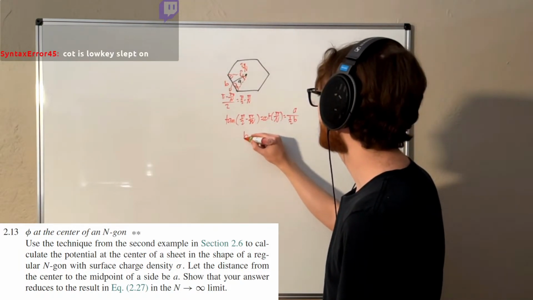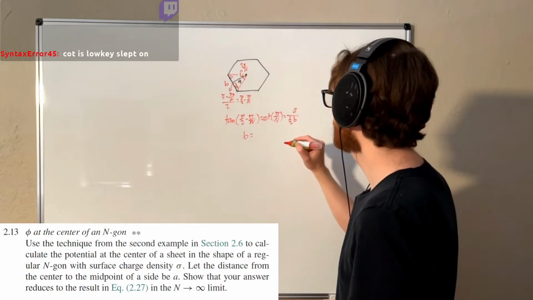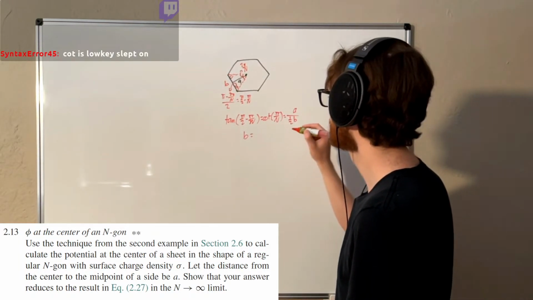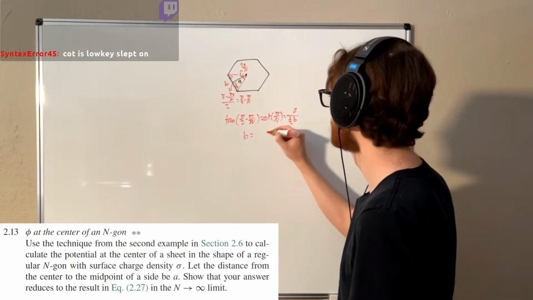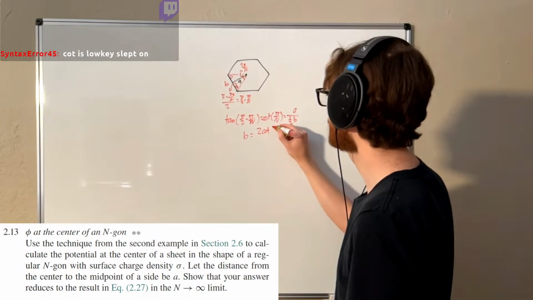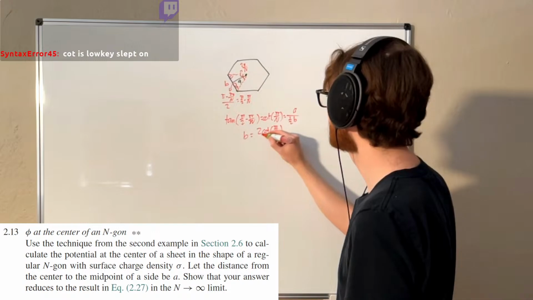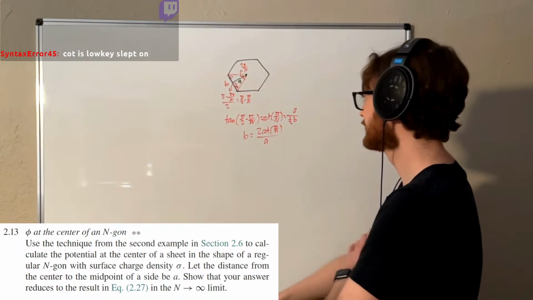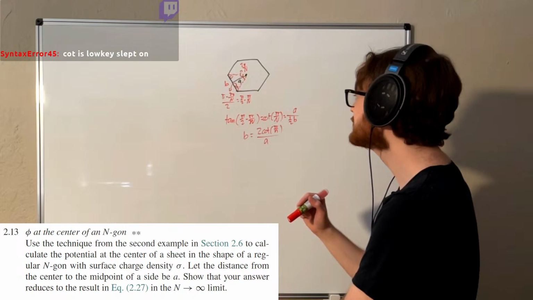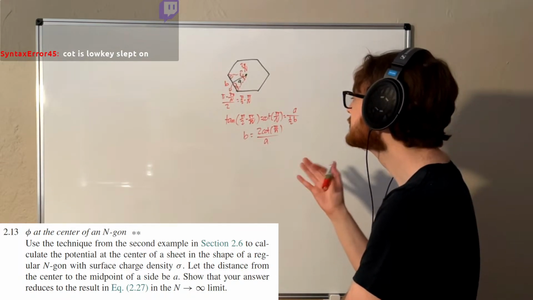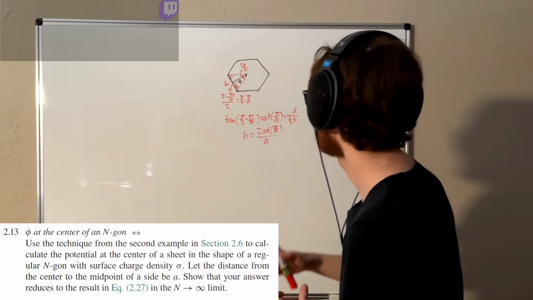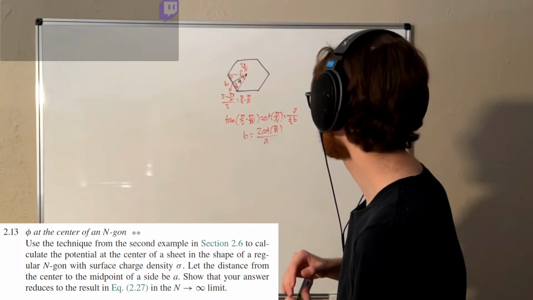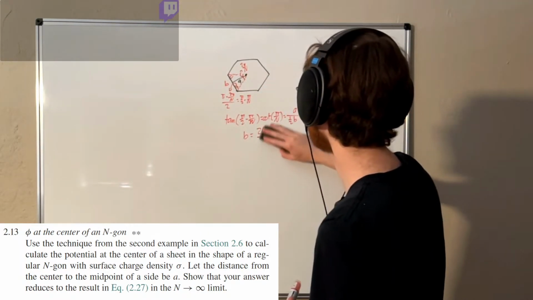So we can say that B is equal to two cotangent pi over n over A? I think it's times A. No? Wait, this entire thing is flipped, isn't it?